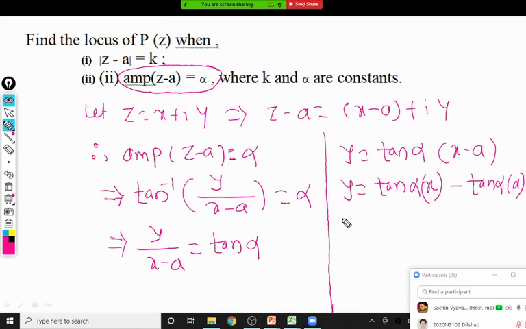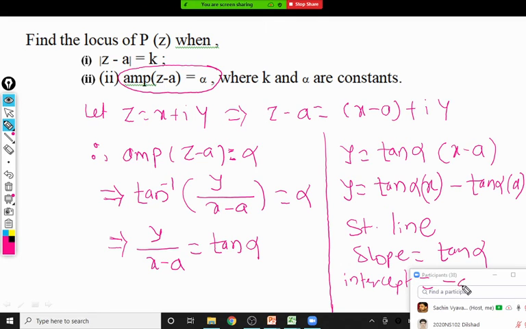So we just have to say, thus the locus is a straight line with the slope tan alpha, and the intercept on the y axis is minus a tan alpha. That's all.